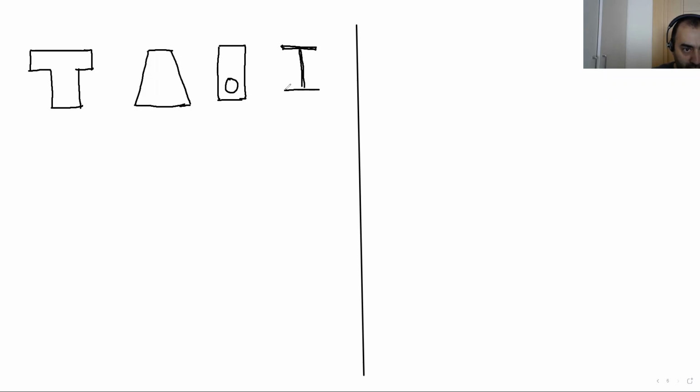Yes, this is the I-B. So let's draw the location of the neutral axis on these sections.